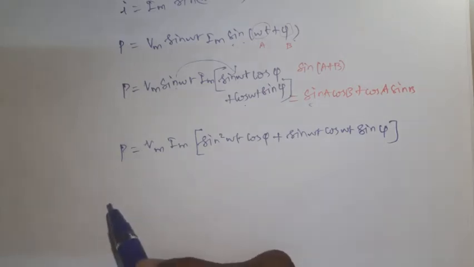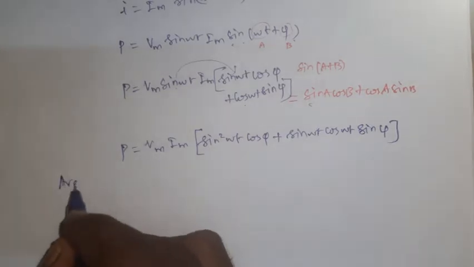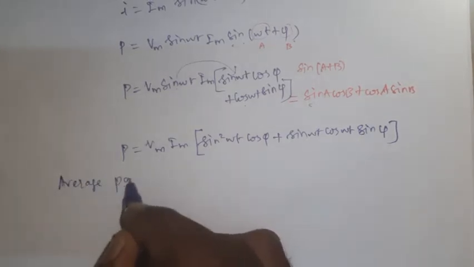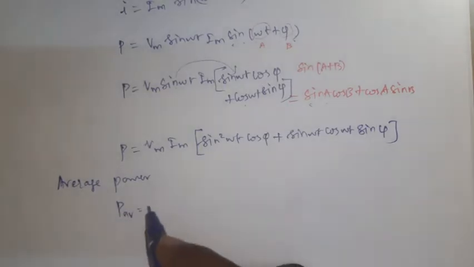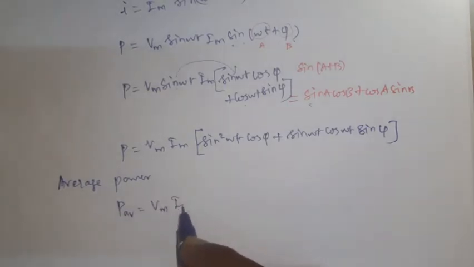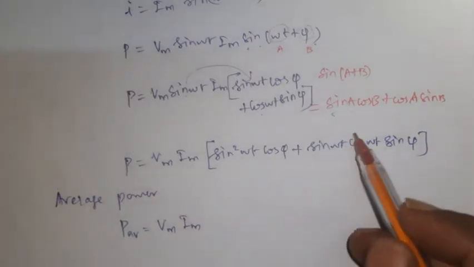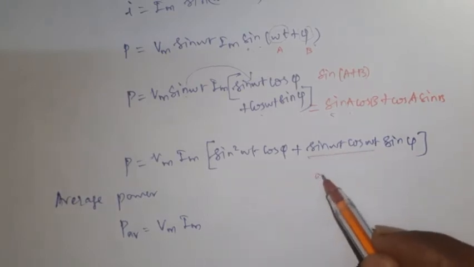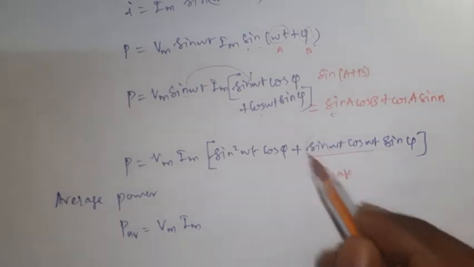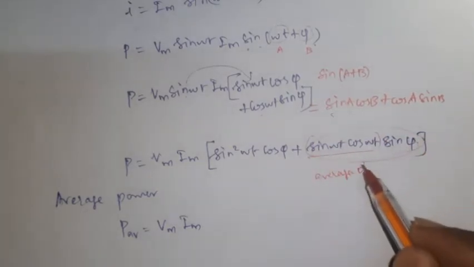Now we are going to calculate the average power. So PAV is equal to Vm Im times, and the average value of cos omega t sin omega t is going to be 0. So this term fully goes to 0.